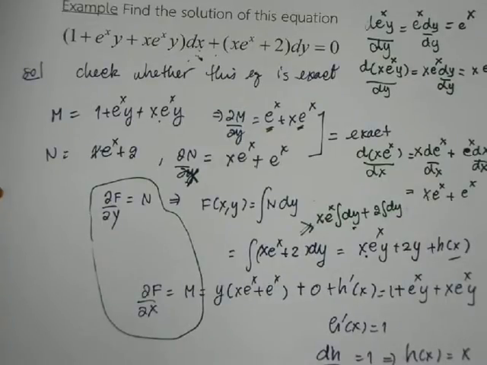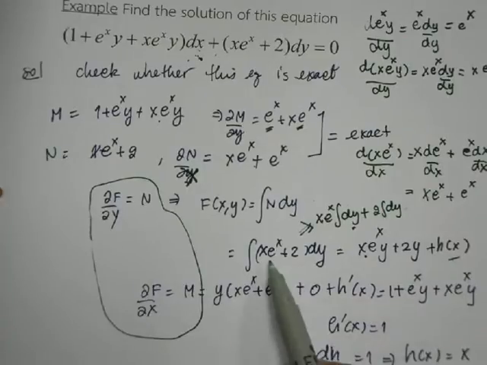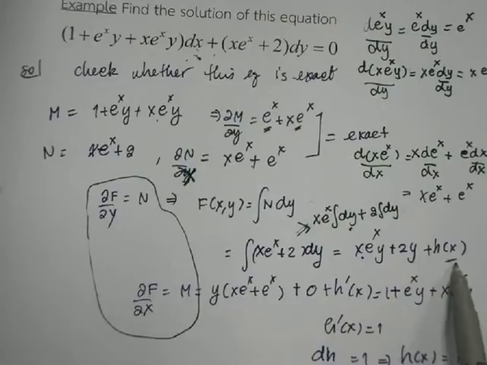I don't know what this h(x) is, but it has to be a function that depends on x only, because when you take the derivative of this term with respect to y, you would get 0. That's why it won't show up in N, but it has to have the term of x there.